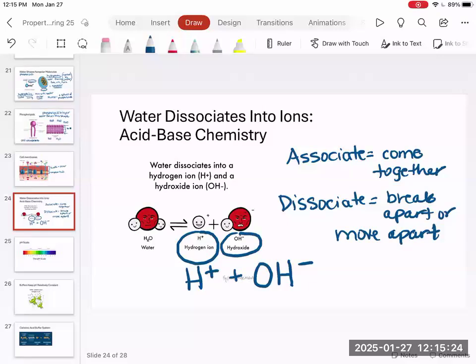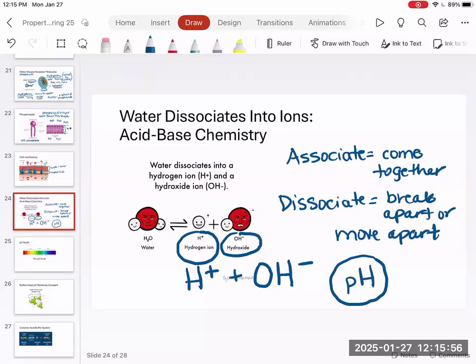And if these two are equal in a solution, that's what we call a neutral solution. But if these aren't equal to each other, if one is greater than the other, this is what causes something to be an acid or a base. And you probably already know this has to do with pH. pH is how we measure the number of these ions in a solution.